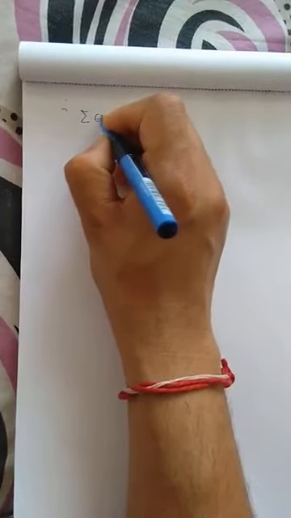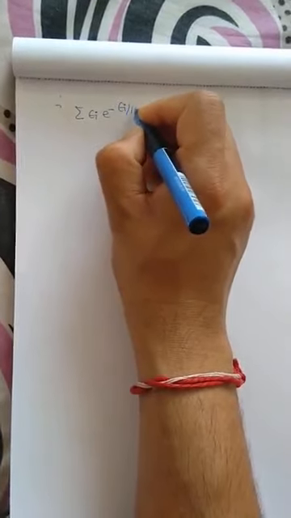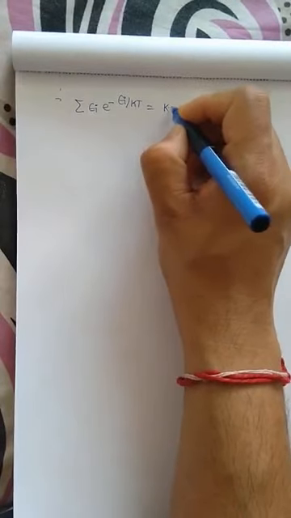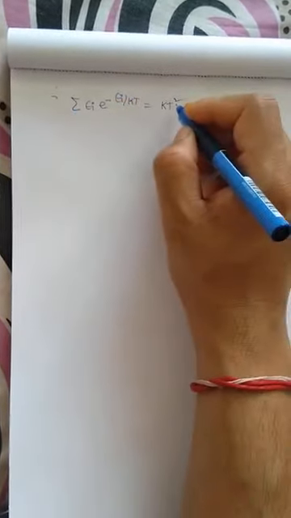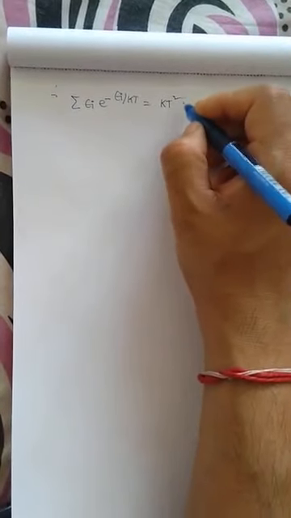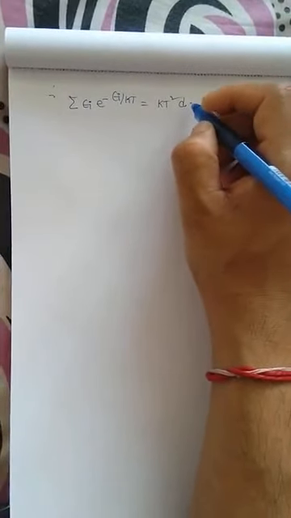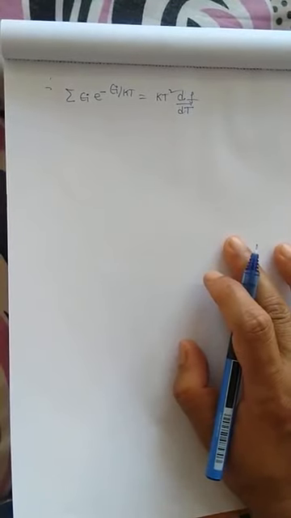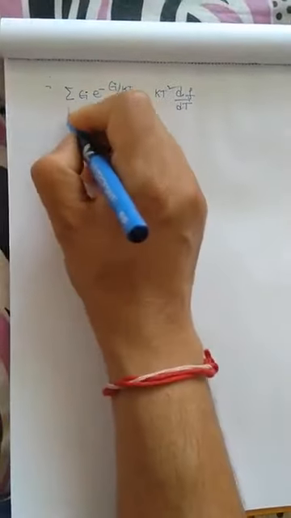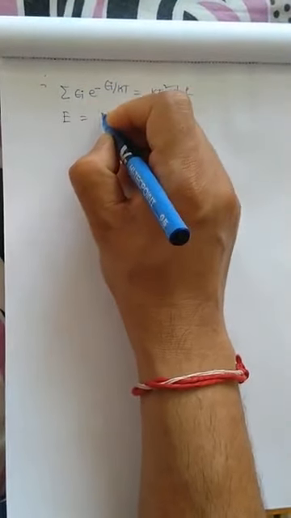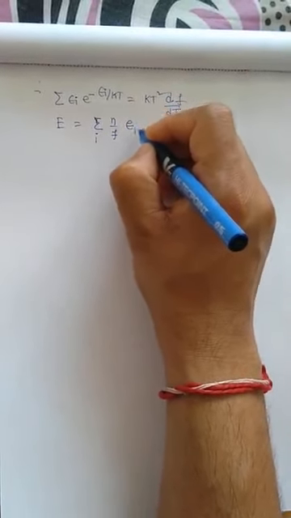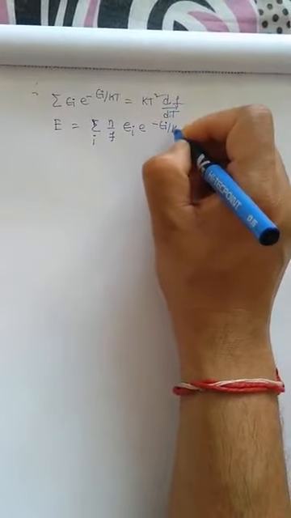Then I can do one thing: the summation of εi e to the power minus εi by kT equals kT square into df by dT, I just replace it on this side of the equation. So I got the value of the summation of εi e to the minus εi by kT equal to kT square df by dT, and the energy that we just found equals the summation of n by f εi e to the power minus εi by kT.